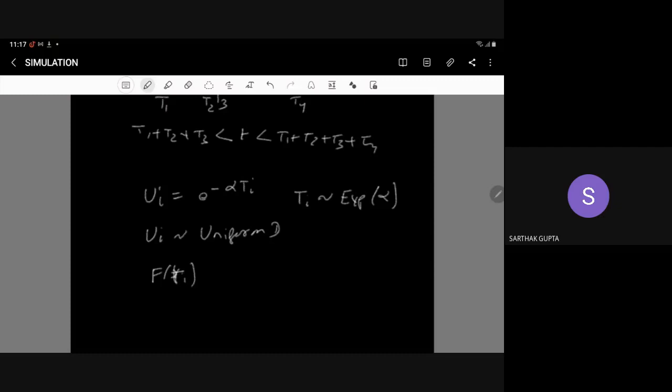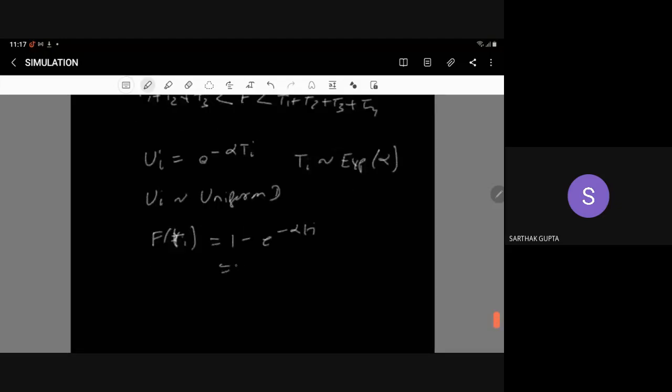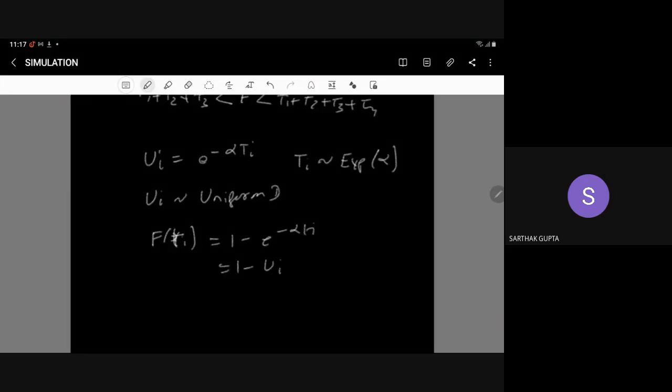CDF of the exponential distribution, 1 minus e to power minus alpha ti, right? This can be written as 1 minus ui. So F(t) varies between 0 and 1, which means this also varies between 0 and 1.